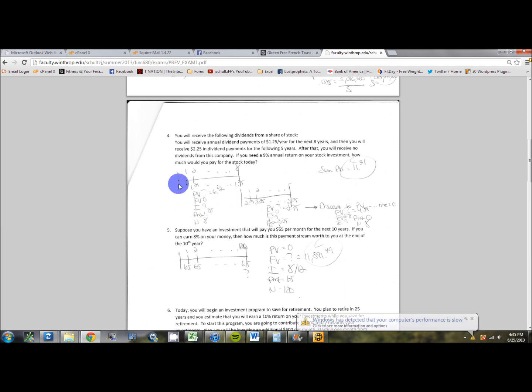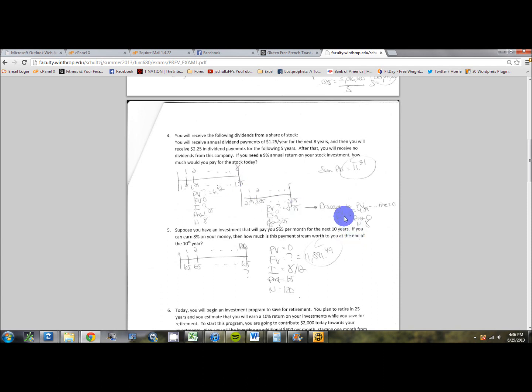We need it back here. As it stands right now, this $8.75 belongs right here. So what we need to do is discount this back to the present value at time equals 0. Because here, it's not time equals 0. This is time equals 8. As you can see, I drew the timelines stacked on top of each other so that you can see when one ends and the next begins.